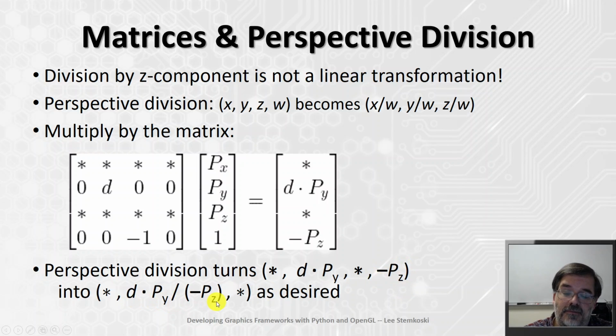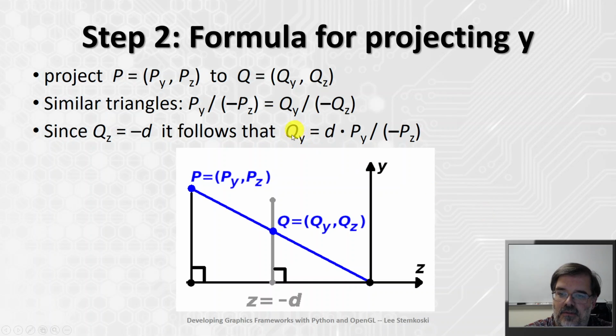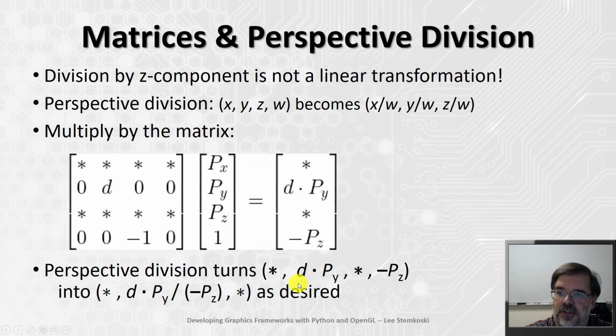And that gives us the formula from the previous slide. Right? The transformation we want to do, the value for QY is given by this formula. And sure enough, that can be accomplished with a combination of a matrix multiplication and the perspective division. All right, so that takes care of the Y coordinate.